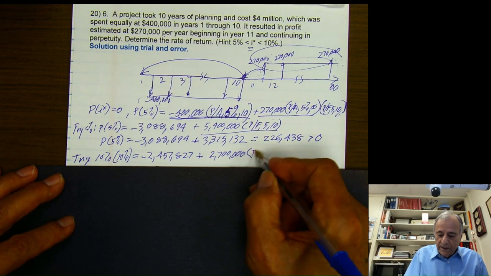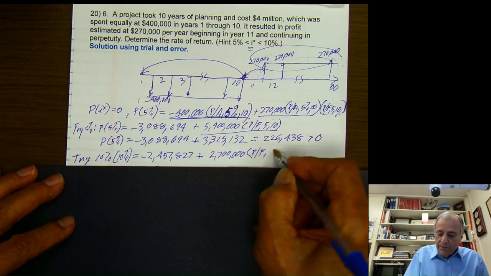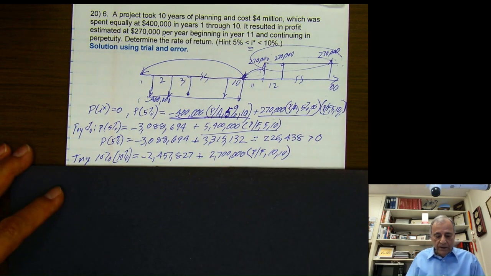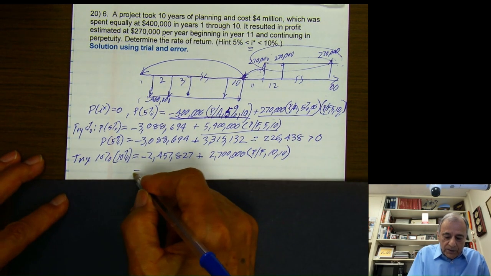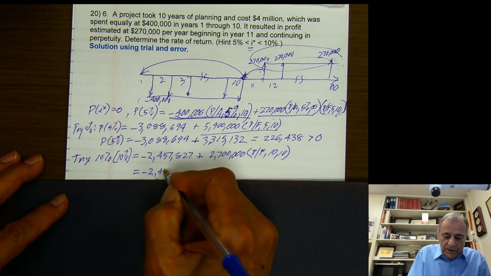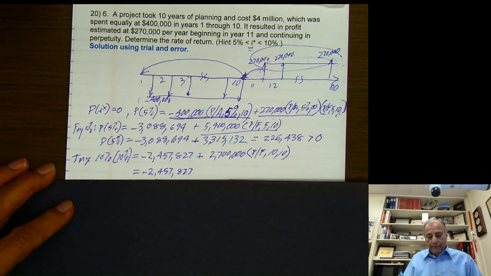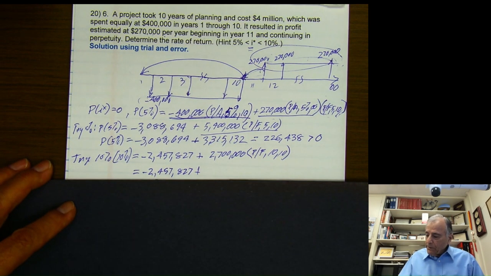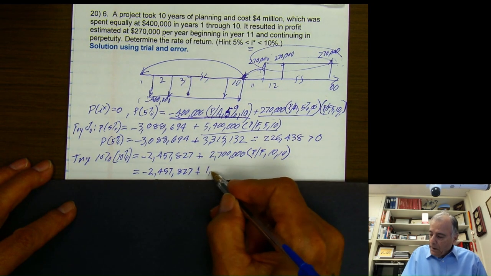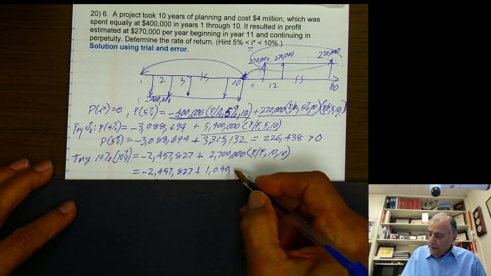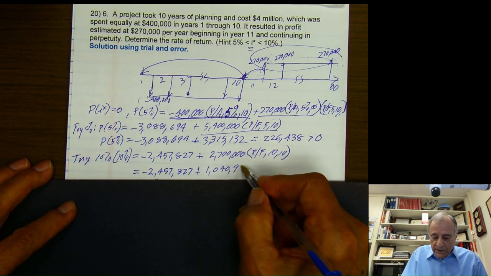Now, P given F, 10% for 10 years. So this is going to shrink more as well. So this is going to be equal to minus 2,457,827 plus, and this turns out to be 1,040,967.